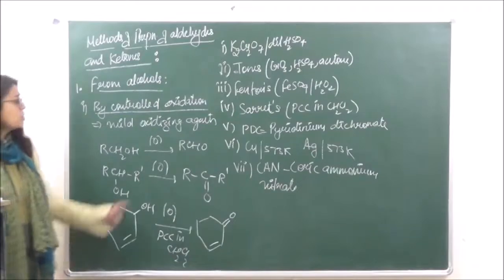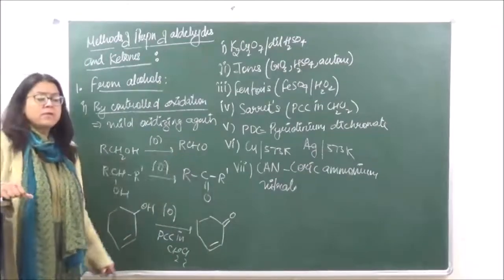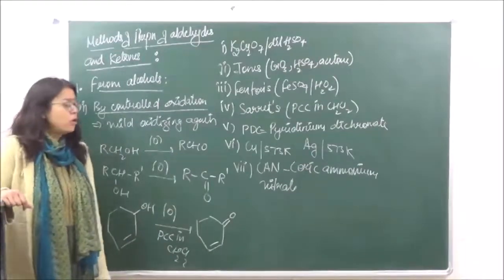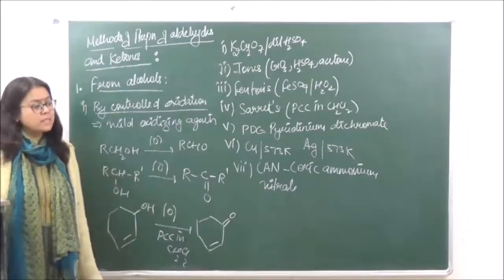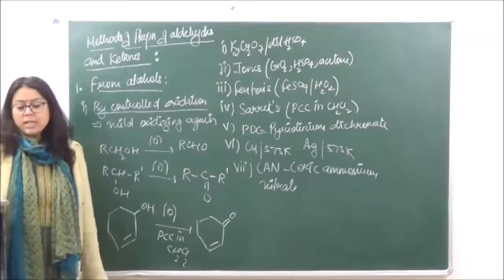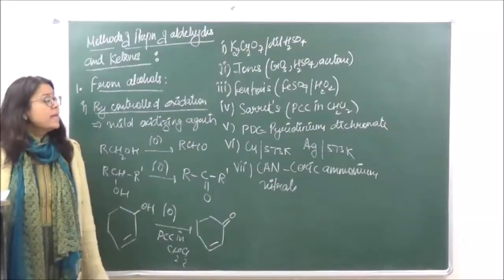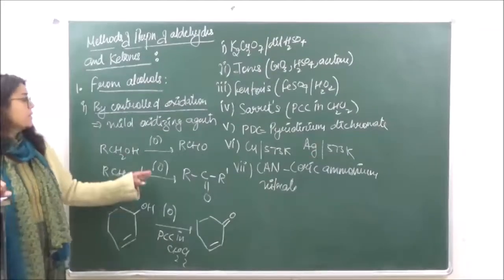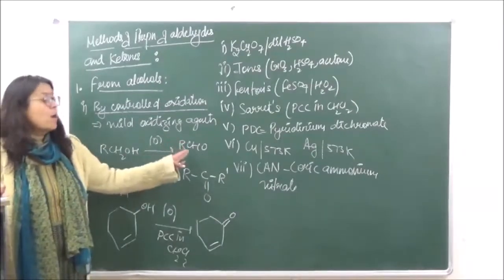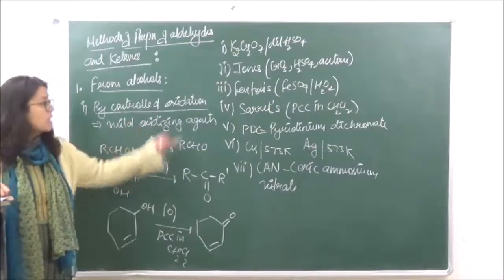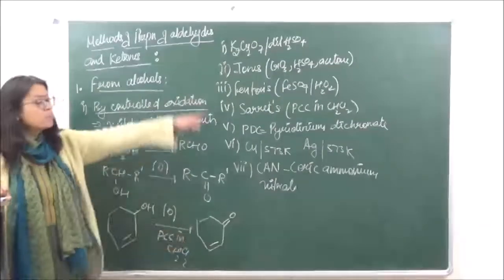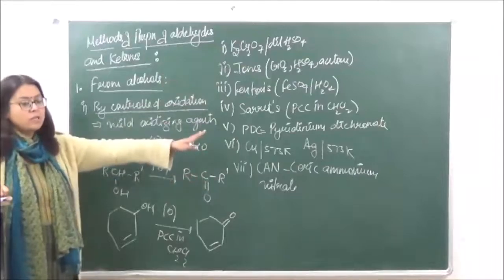Now the aldehyde formed here, RCHO, can very easily be further oxidized to acids. In order to keep the reaction at RCHO only, we have to use this controlled oxidation, which can be done by all these mild oxidizing agents.